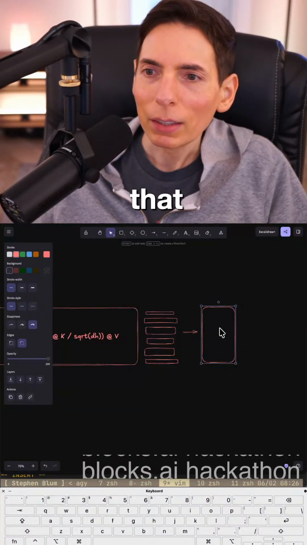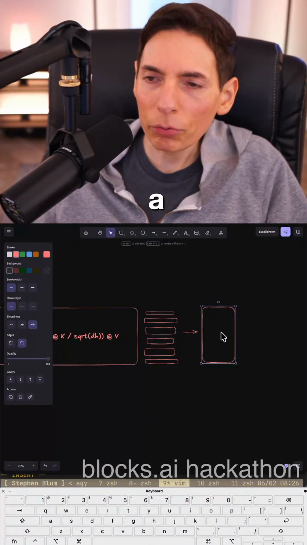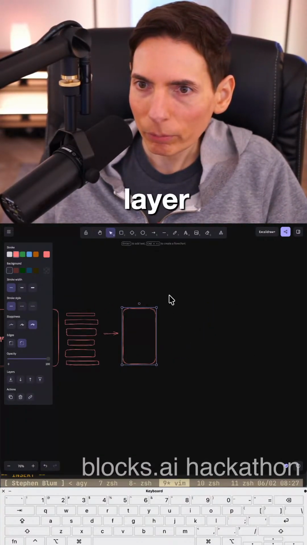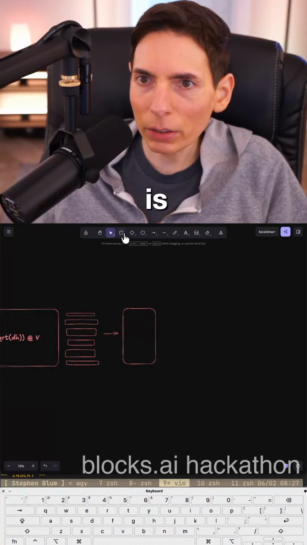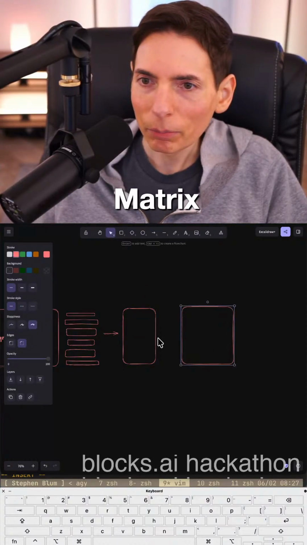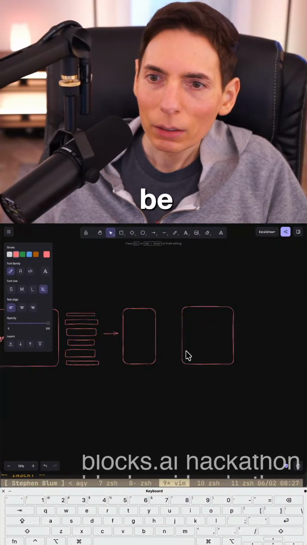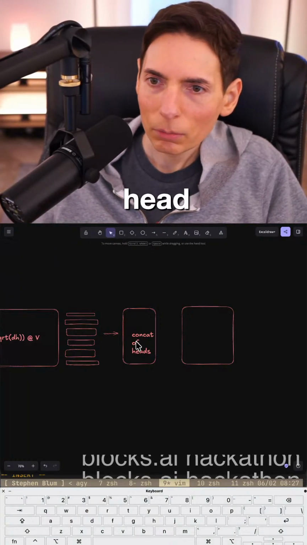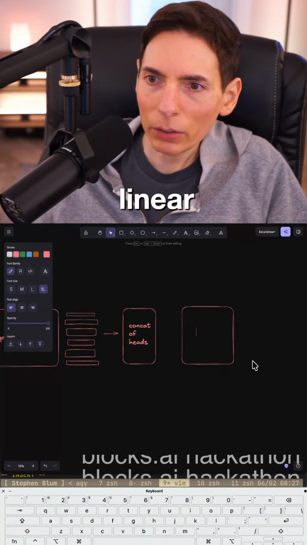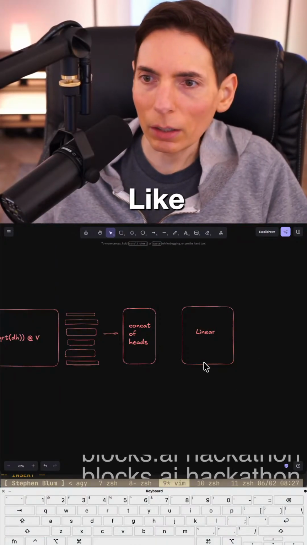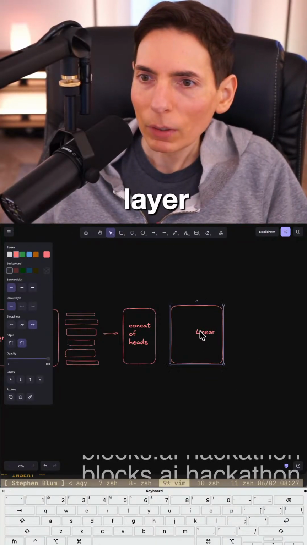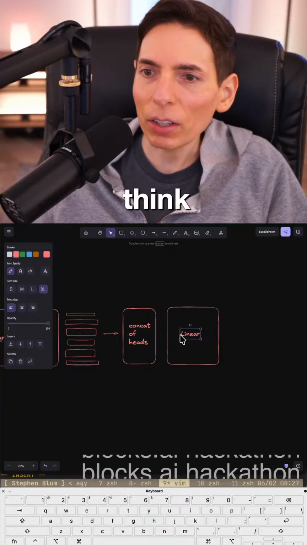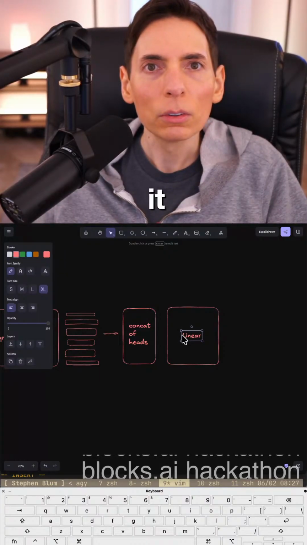Then we throw that through a feed-forward linear layer, which is another matrix. This will be the concat of heads. Then this is another linear layer, and then I think that's it, right?